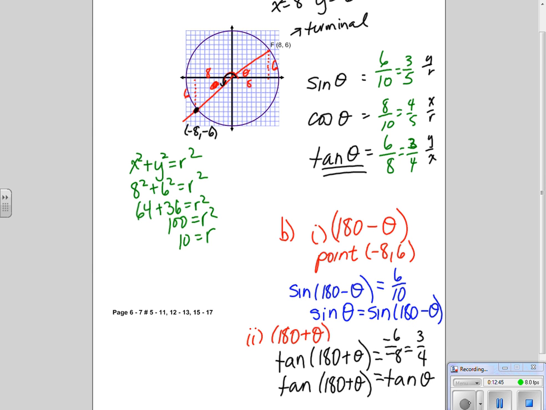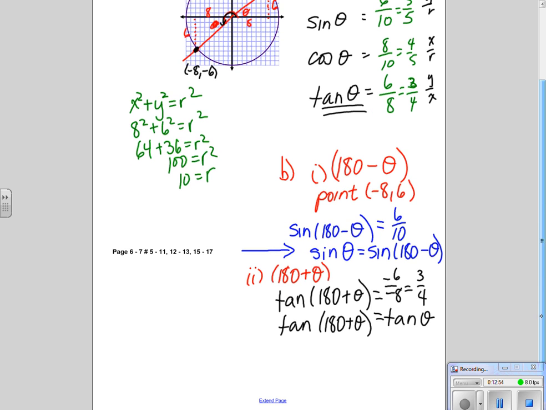So we have two interesting things. Sine theta has the very same ratio as sine 180 minus theta. And tan of 180 plus theta is the same as tan theta.